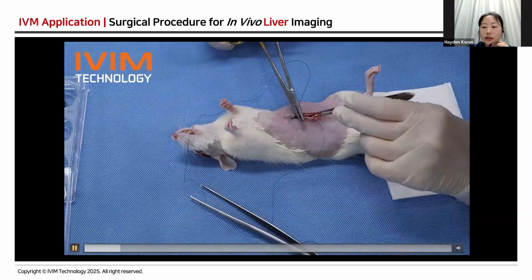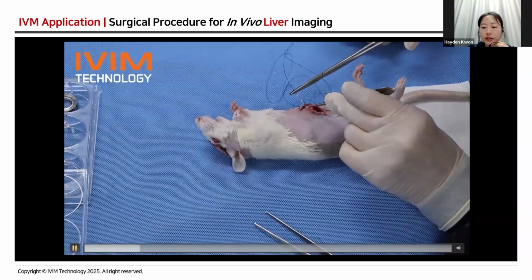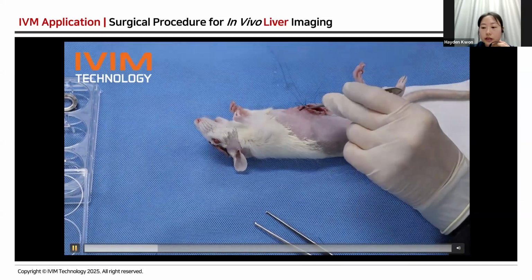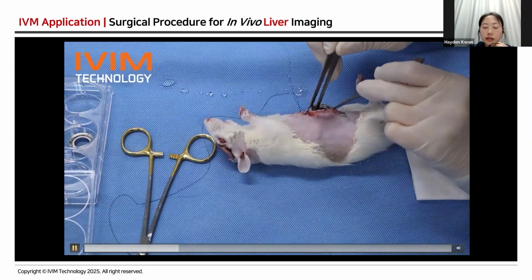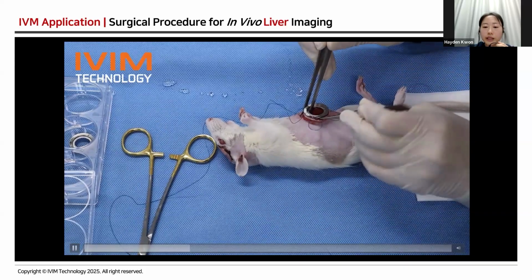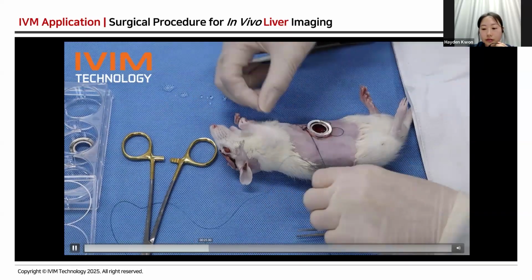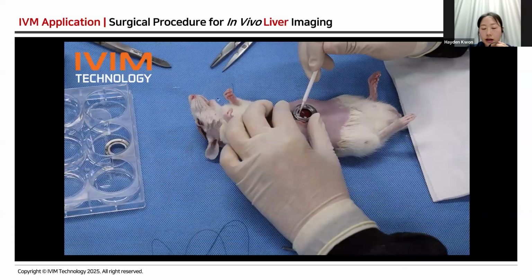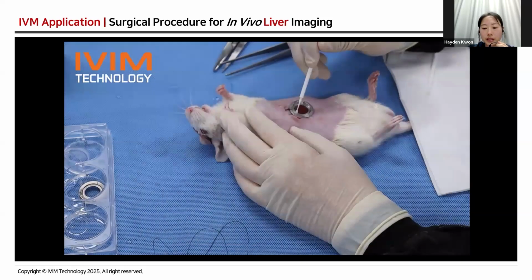And next, the window was secured to the skin using a purse string suture technique, and the surgery was completed by implanting the abdominal imaging window and also attaching a rounded glass cover with adhesive.